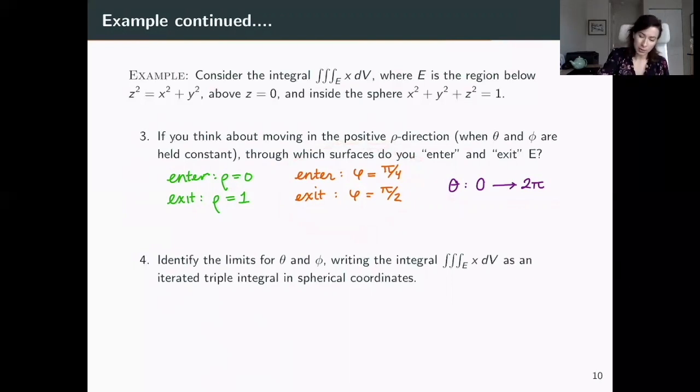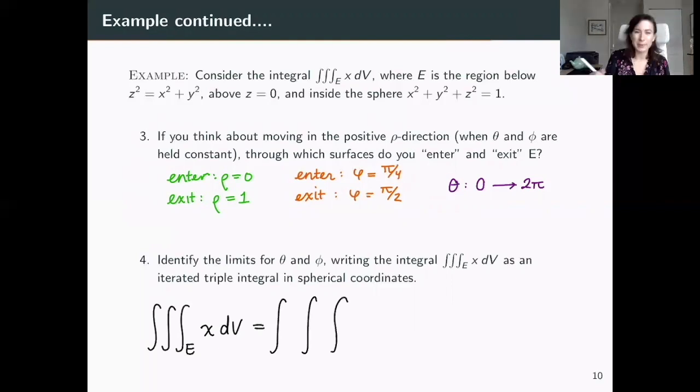This allows us now to finally set up this iterated integral. We have the triple integral over this region E of x dV. We're going to have to provide quite a bit of space between these integrands. We know that rho is going from 0 to 1. Phi is ranging from pi over 4 to pi over 2. And finally, theta ranges from 0 to 2 pi.